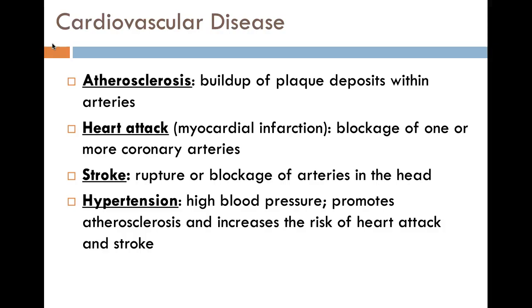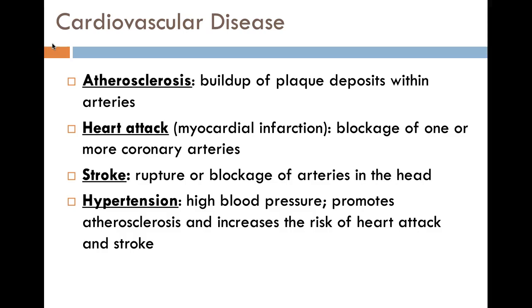There are different types of cardiovascular diseases, so here are a few of them. Atherosclerosis is a buildup of plaque deposits within the arteries. Plaque is fat that has built up, typically caused by cholesterol, which is a type of steroid that we do need, but we do not need it building up in our veins and arteries.